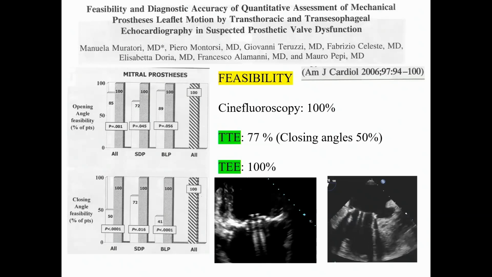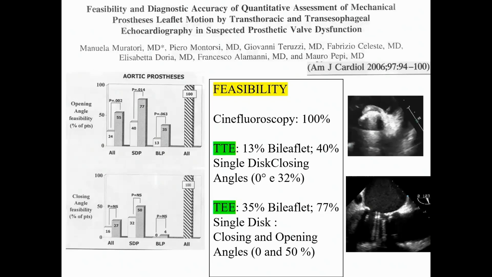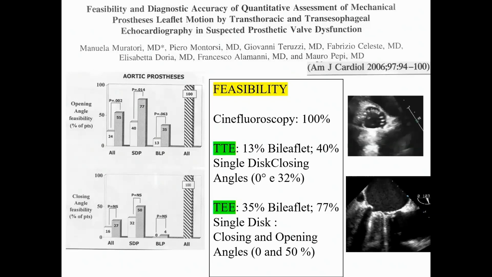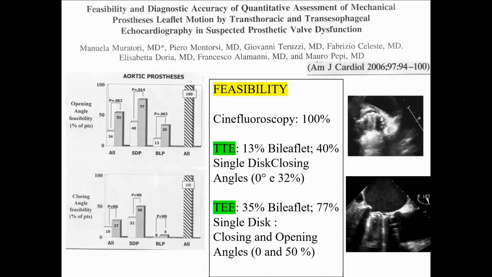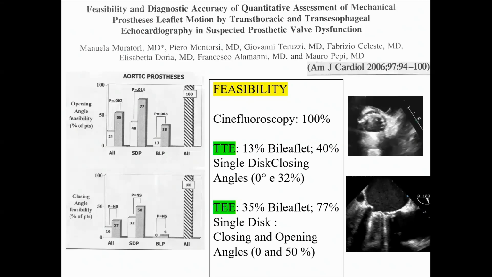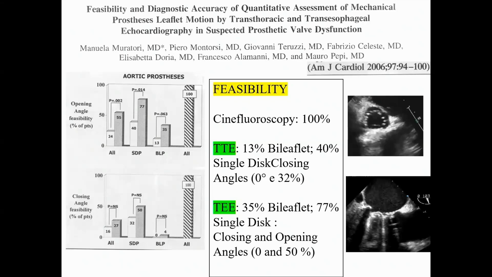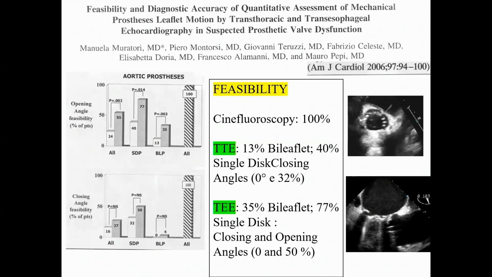So you may see these two images, and probably nowadays much more. But when we see the aortic valve and we evaluate the feasibility for the motion of the disc, this is not the same, because in both bileaflet and single disc, the accuracy with the TOE or the TT is not so good, and we need to have a cinefluoroscopy.